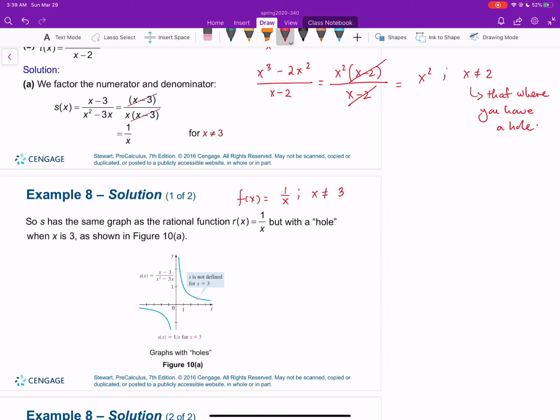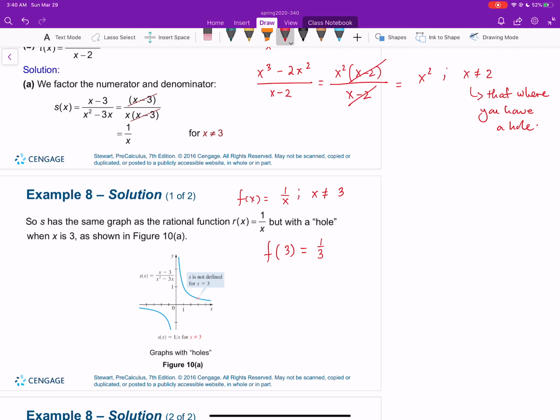But then we need to locate where that hole is. And remember that for every graph, we need to know x and y. So how do we find the x and the y? You just need to plug that x value into the function. So if I plug in f of 3, it tells me on the 1 over x graph, it's at 1/3.